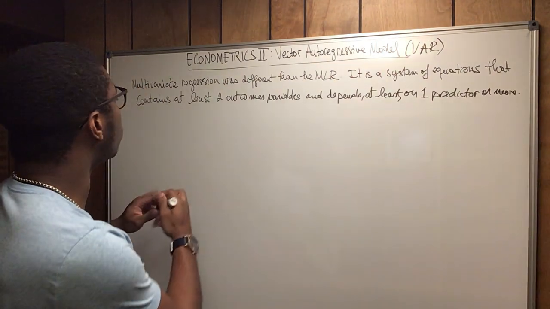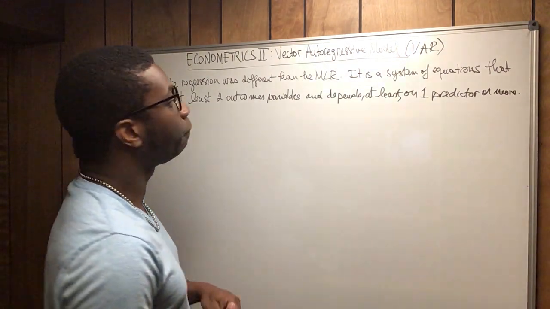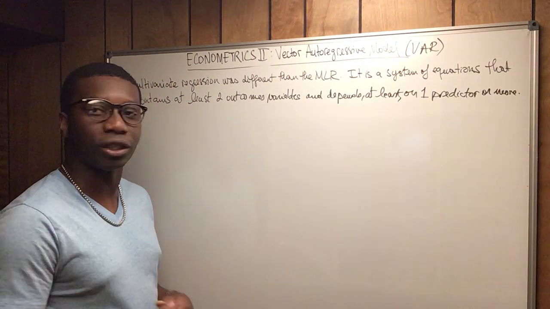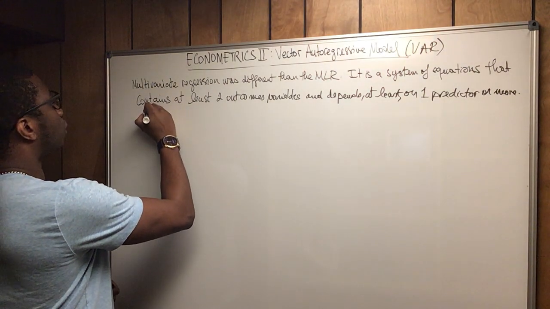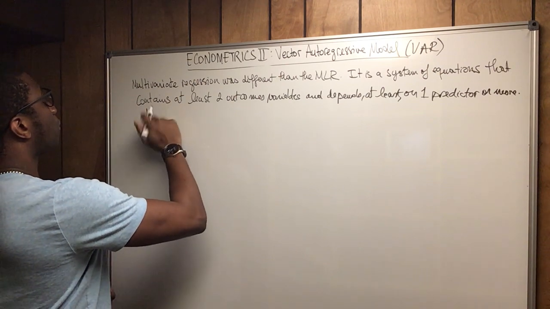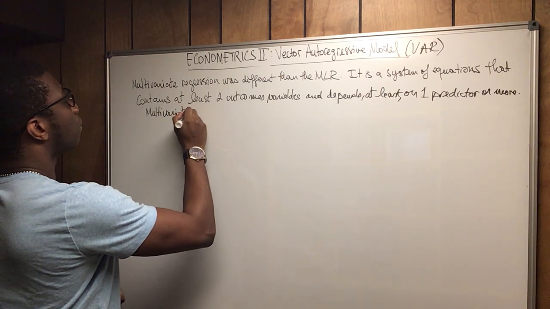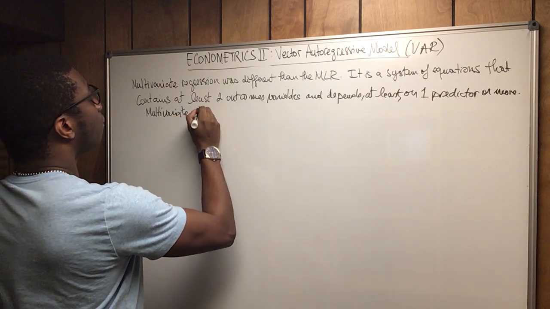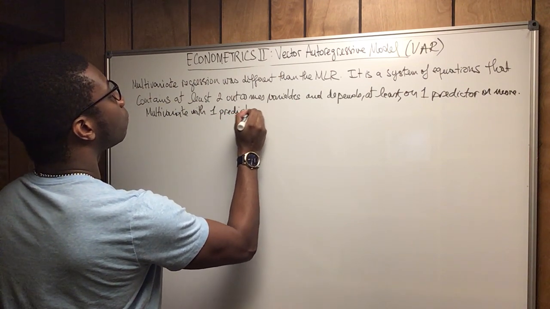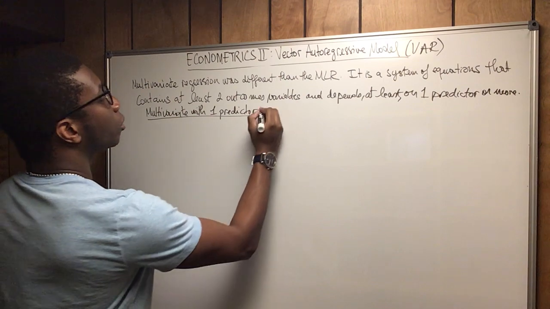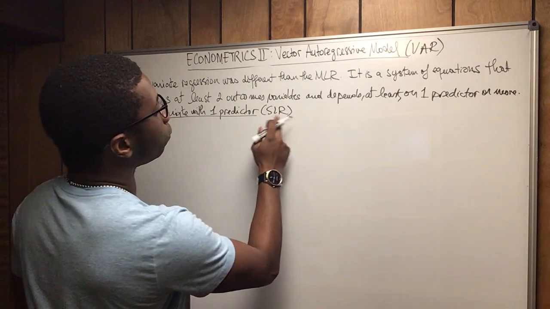I'm going to show you an example of each, so that you will see exactly how the multivariate regression is designed. So let us do the multivariate with one predictor, also known as the SLR for simple linear regression.